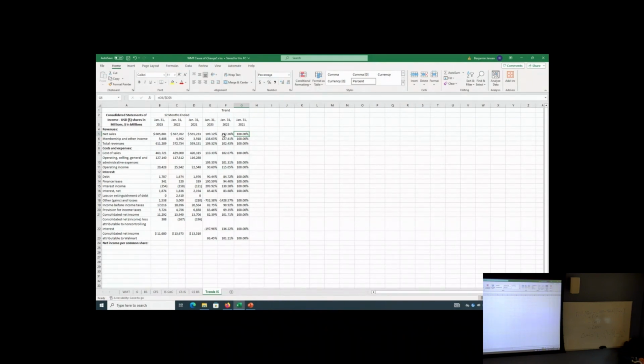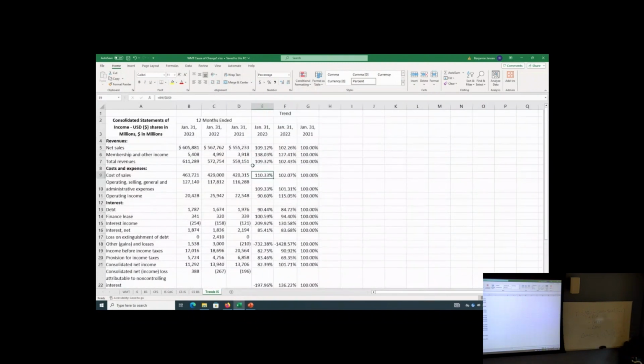As we saw already, though, bottom line performance was not as good. So we're going to see some costs likely increasing over this time. Right, so cost of sales increased by 10 percentage points. This is a sort of trend that might be concerning. I forgot to zoom in for you all in the back. This is a trend that might be a little concerning to see, right?